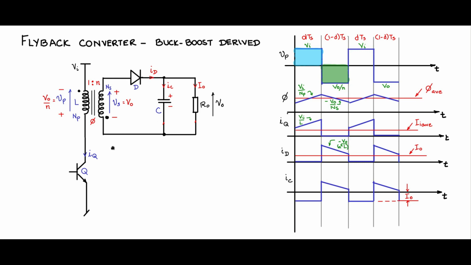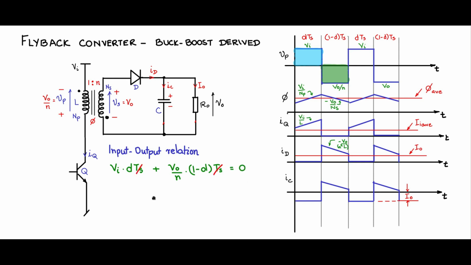Now let us try to find the input output voltage relationship. First the voltage: we apply volt second balance for the voltage waveform across the inductor. You can choose either primary or secondary. So let us say we take the primary voltage across the inductor. During dTs we have Vi, during 1 minus d Ts we have V naught by N. So you have Vi into dTs plus V naught by N into 1 minus d Ts equal to 0, volt second balance.